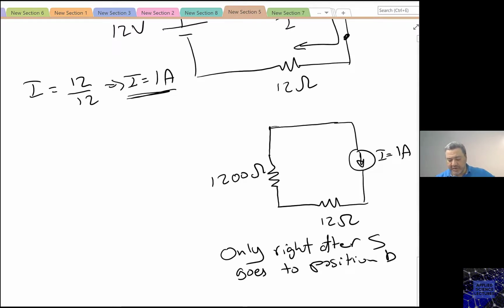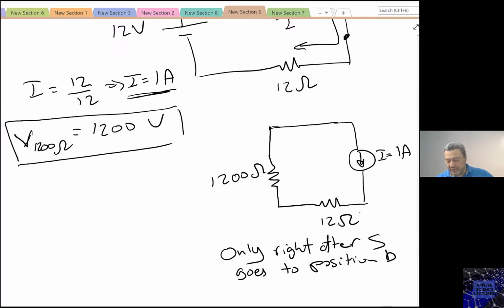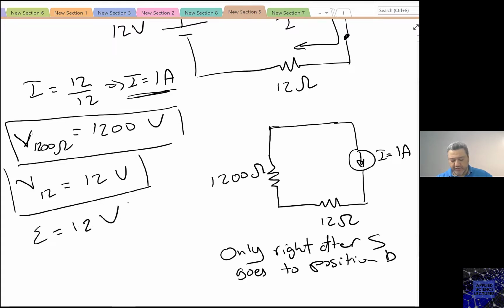The voltage here for the 1200 ohm becomes 1200 volts. The voltage across the 12 ohm, again, is the current times the resistance. So V12 is 12 volts. I know the epsilon is 12 volts, constant, it's not going to change.